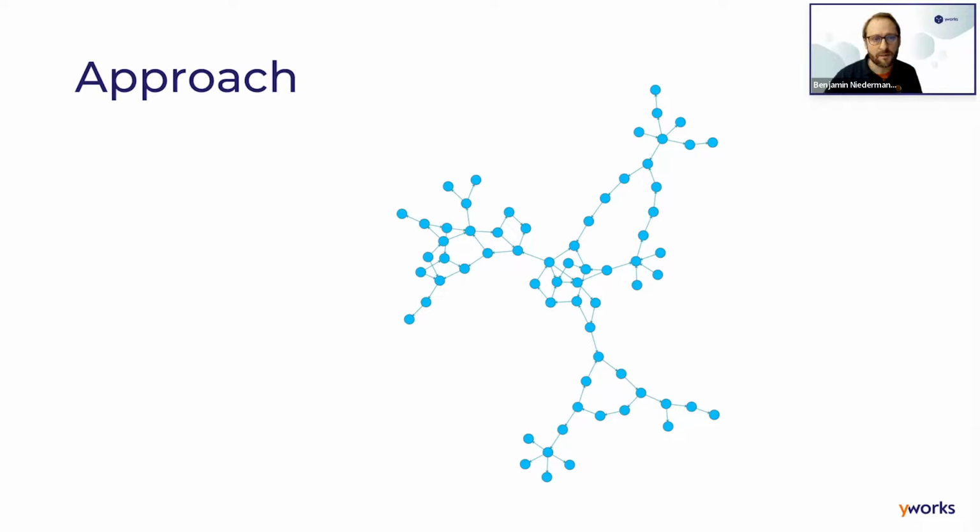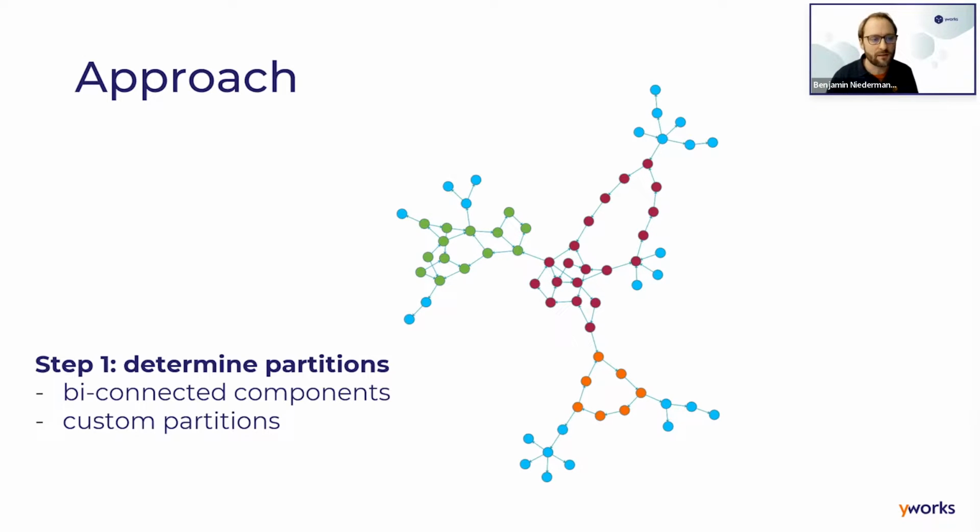The first step is that it identifies the partitions that should be laid out as circles. For example, these nodes marked green will be placed on a circle and the nodes marked red are placed on another circle and so on. And the blue nodes are basically the structure in between, and also the edges connecting these partitions.